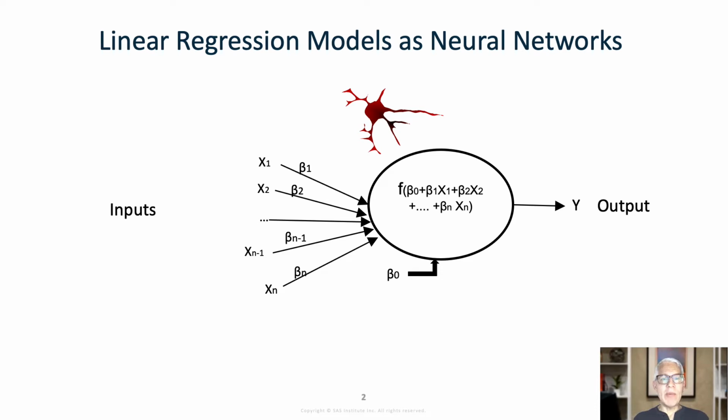So here's my output over here. Here's my input. And in this slide, you can see that my neural network is depicted with just a single neuron. In this example, what we're trying to do is take a linear regression and view it as a neural network. So we can think of that neural network as a CPU, a central processing unit.